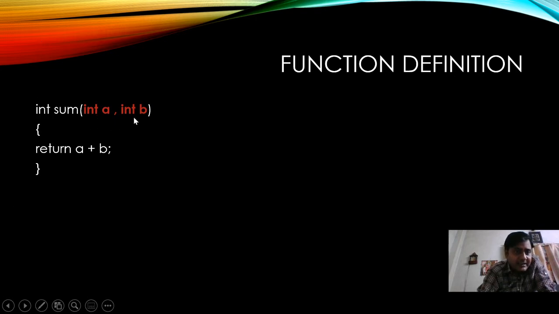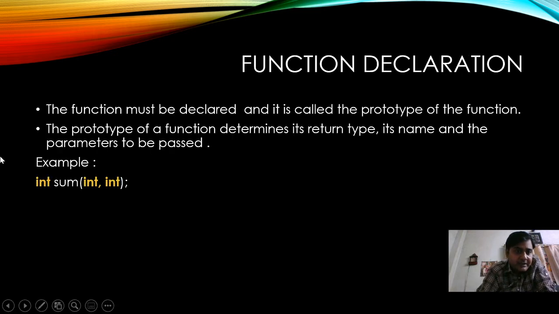And this int a and int b are nothing but the prototypes of the variables x and y. And you have already declared the function before, and its prototype is int comma int. So whatever integer values I am giving, I am passing to the calling function.